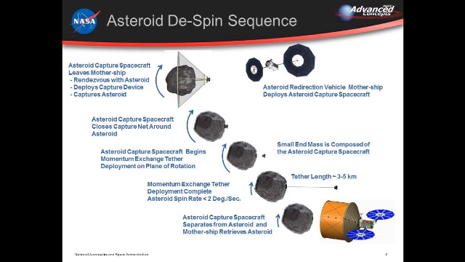And then the small spacecraft that got the net to the asteroid becomes your end mass. And then you let that come off with a deployer, and then to slow the spin rate. And when you get to an acceptable low spin rate, then you can separate the tether and the small craft, and then the mothership can do the rest.